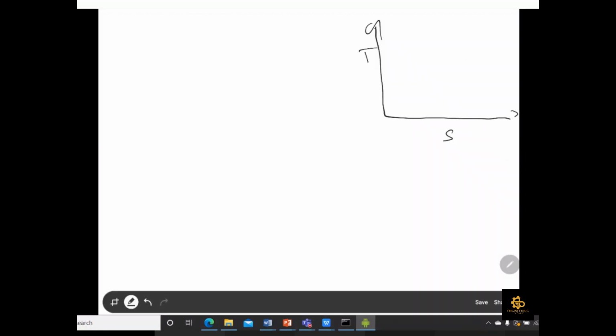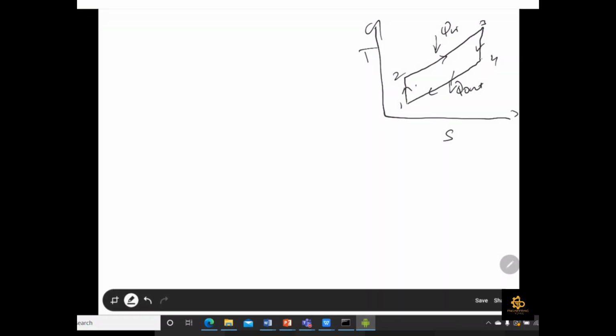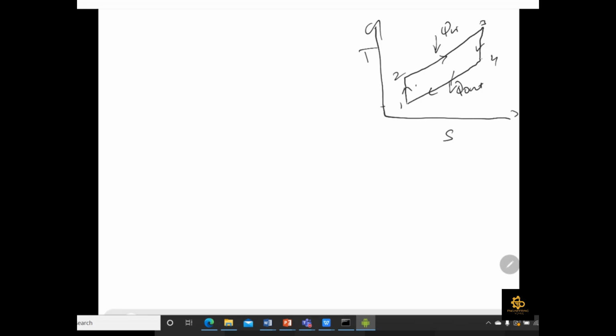So quickly draw the T-S diagram first. Okay, so in your question it's mentioned that T1 is given, and T3 is also given.